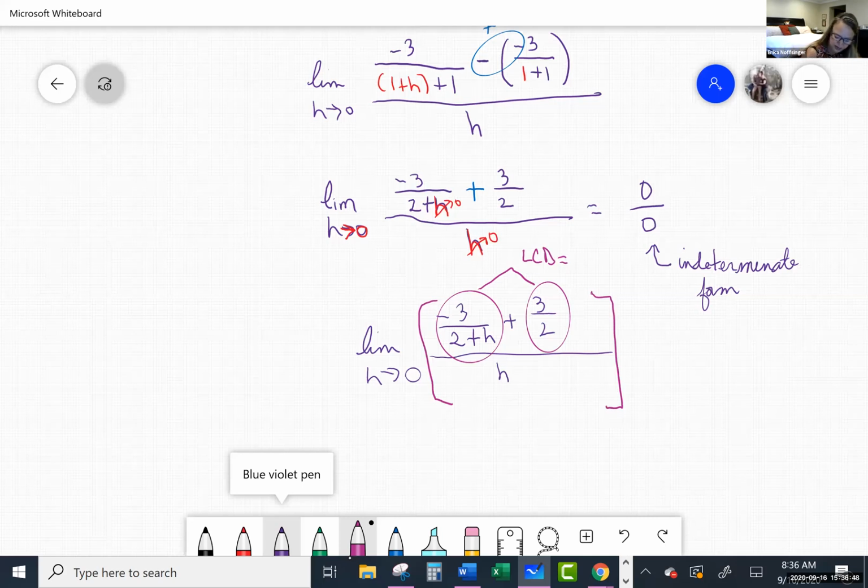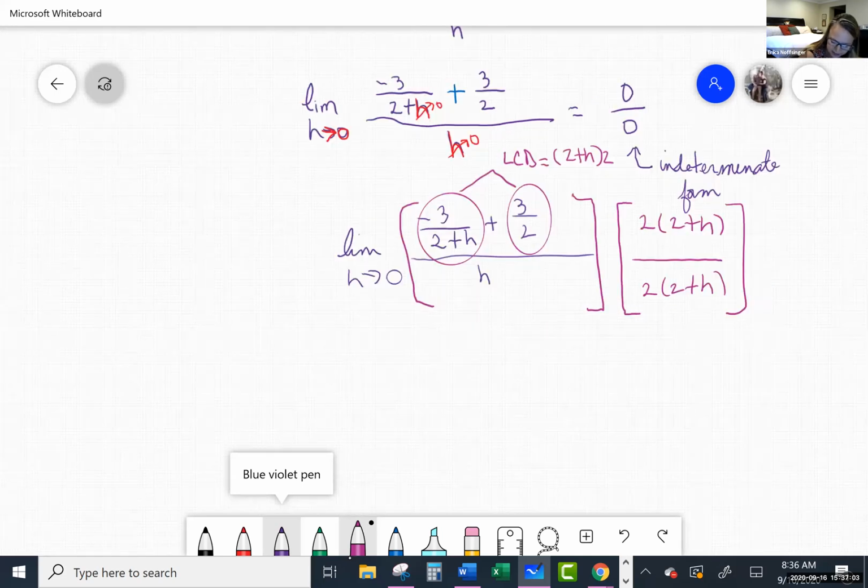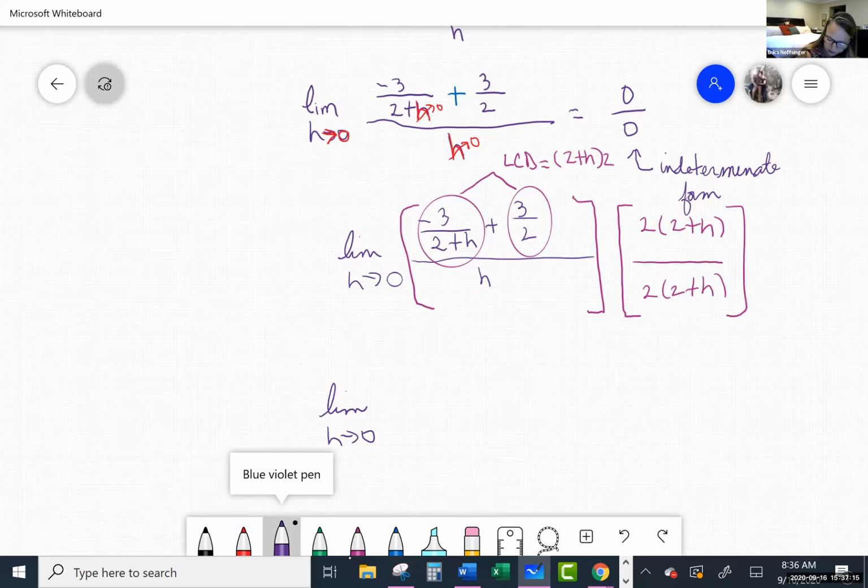But the whole point of that was when I distribute it to the numerator, I chose something that would cancel out with my denominator. So we really have negative 3 all over 2 plus h, distributing, this would be 2 times 2 plus h, and we have plus 3/2.